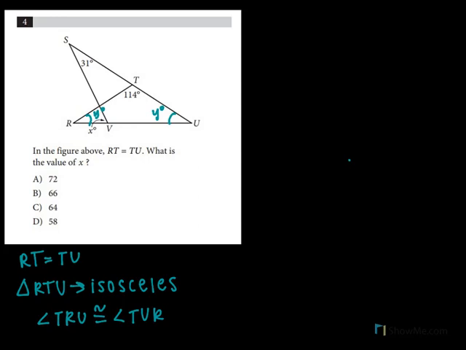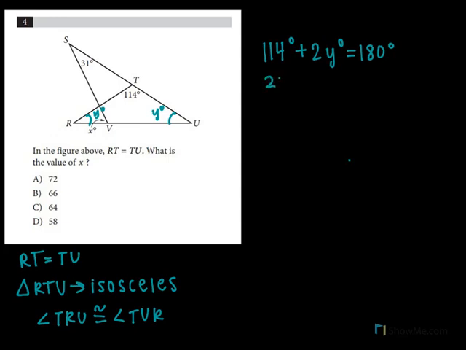Now we know, according to the triangle sum theorem, the three angles of a triangle should equal 180. So we have our first angle, T, is 114. So 114 degrees plus our 2y for our two congruent angles equals 180 degrees.